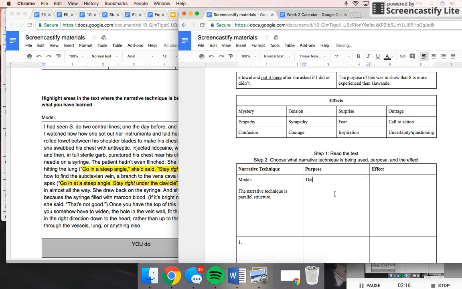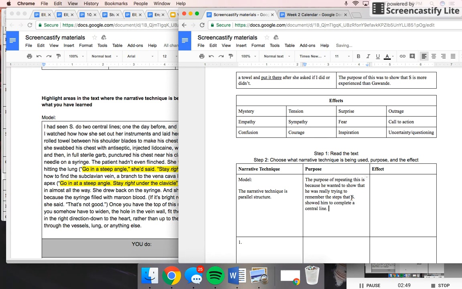So I'm going to say the purpose of repeating this is because he wanted to show that he was really trying to remember the steps that S showed him to complete a central line.